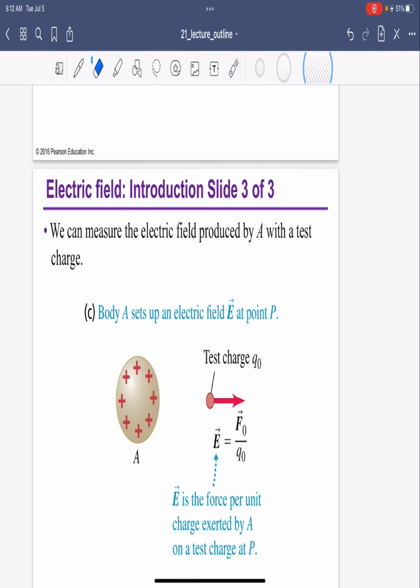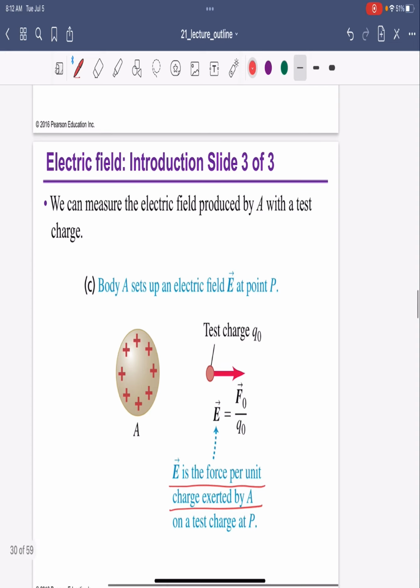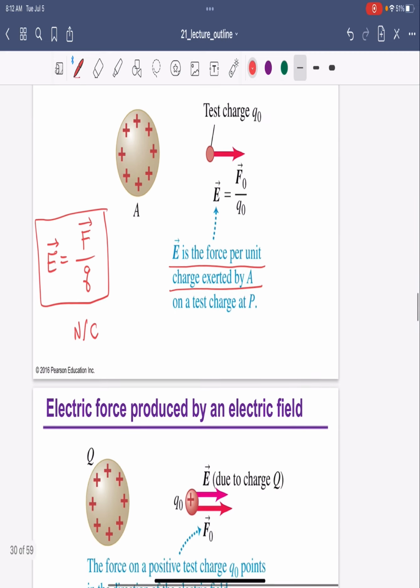The electric field is defined as the force per unit charge exerted by A on a test charge at P. Therefore, E is the force divided by q, and its unit is newton per coulomb.